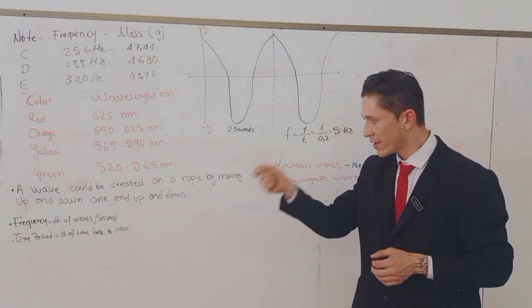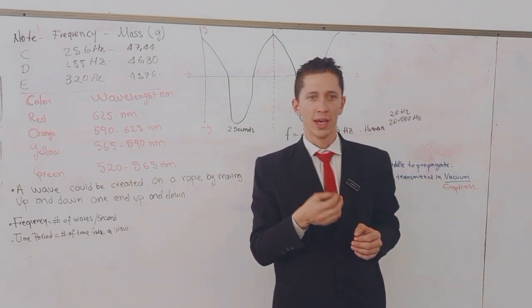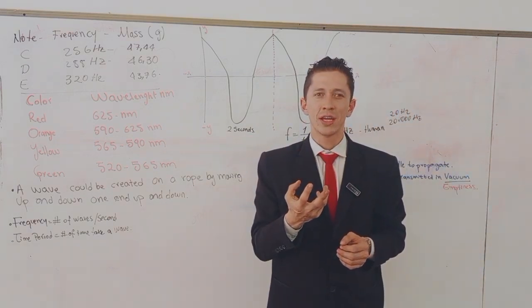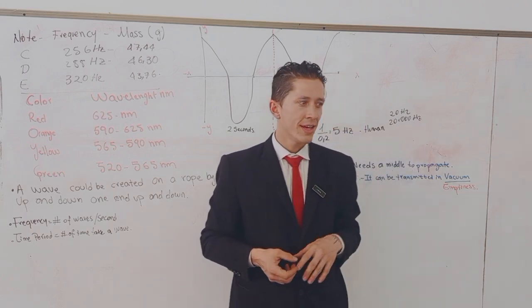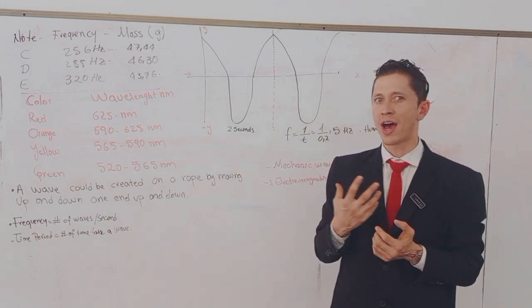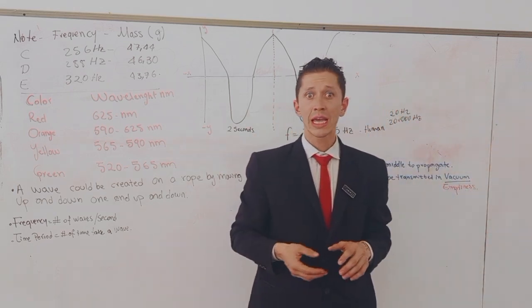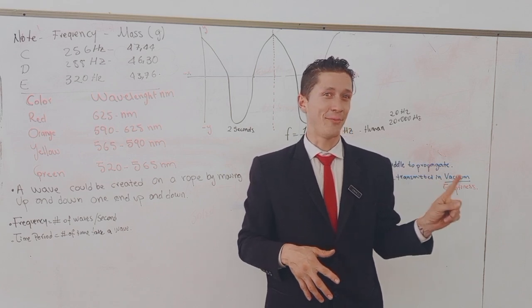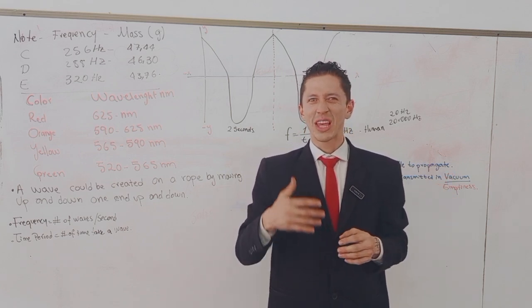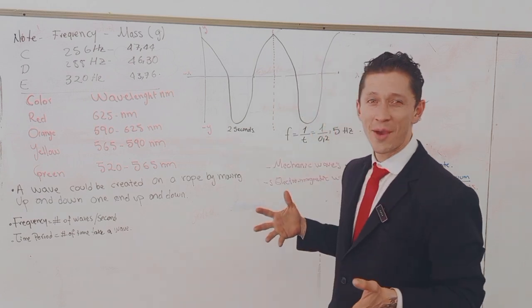If I speak, my vocal cords are vibrating. So an overall view is that a wave is the product of a vibration of something, even light, but it will be discussed later.